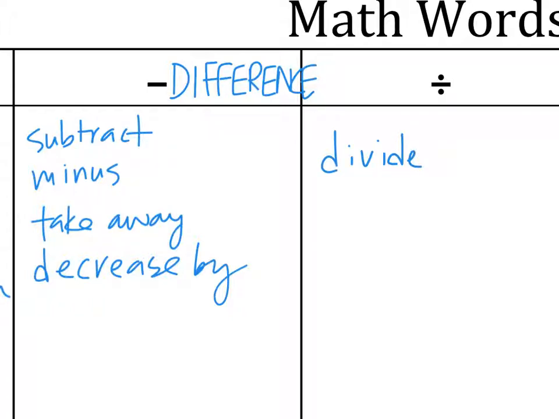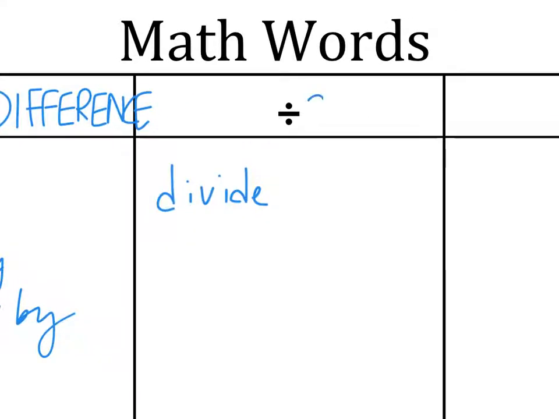What else? Oh, dividend is a very particular part of a division problem. Yeah? Quotients. Wow, Robert is on a roll. Okay, quotient. So when someone says the quotient of 3 and 2, you're going to take 3 divided by 2. Now, we probably don't remember a lot of words that mean divide, but some things like over. 2 over 3 means 2 divided by 3.